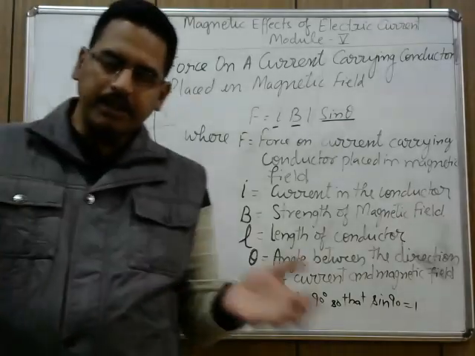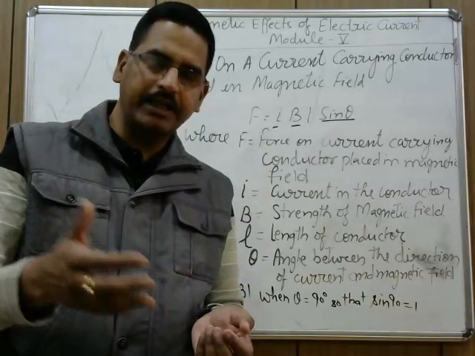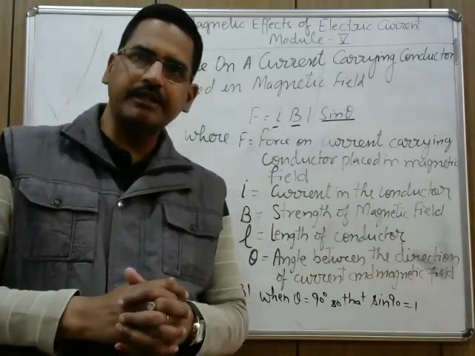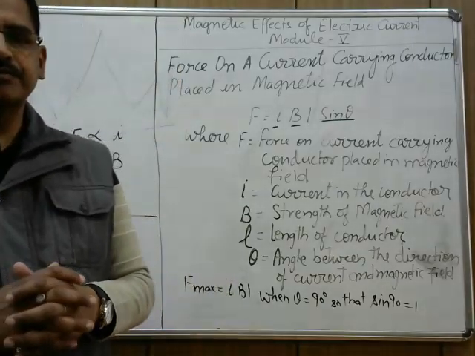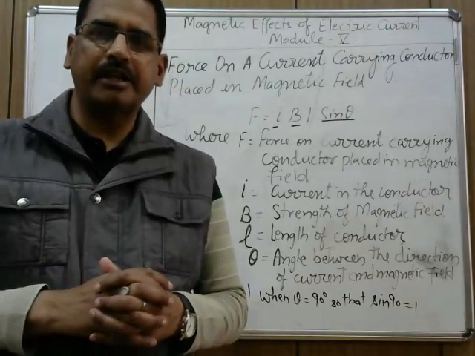Now, the current is flowing in the conductor and the direction of current is perpendicular to the direction of magnetic field. It means the conductor has been kept perpendicular to the magnetic field.